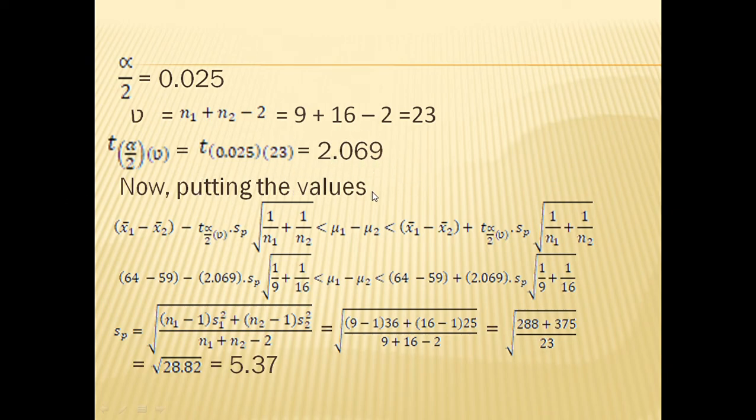Now we put the values in the formula one by one, but here the value of SP was not given, so we solve it ourselves. We put the values in the formula of SP and got the final value of SP, which is 5.37.